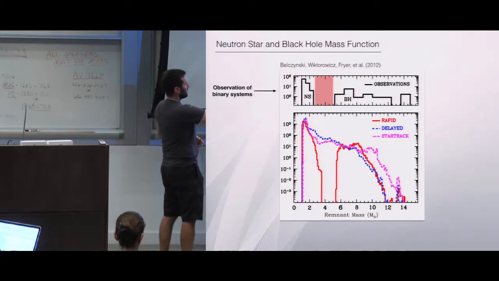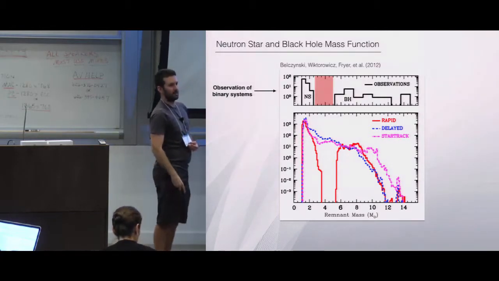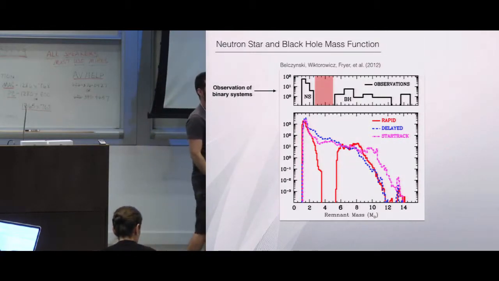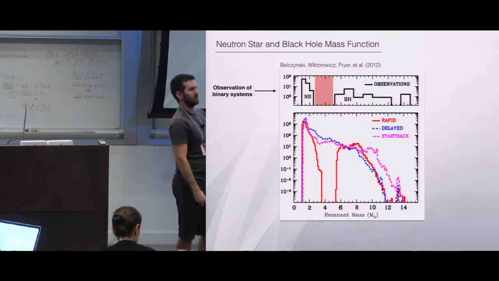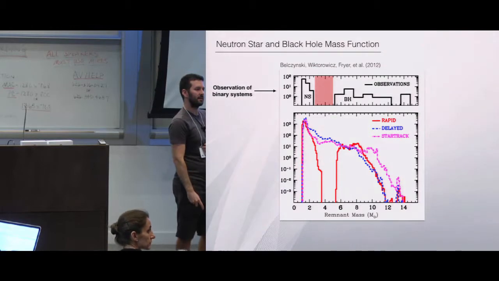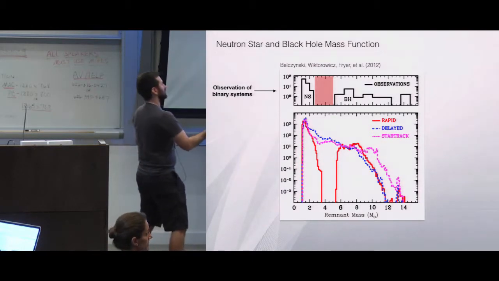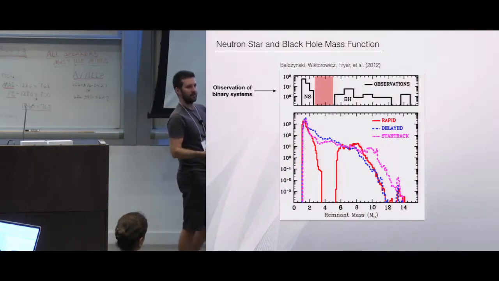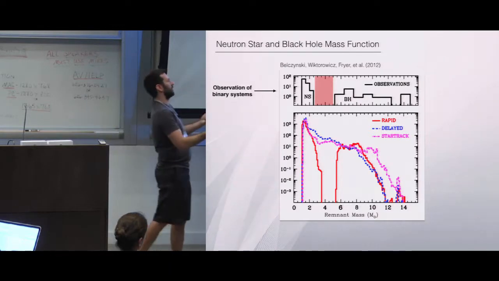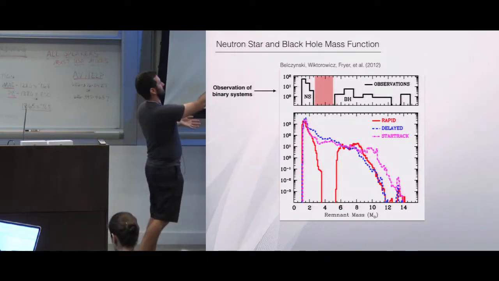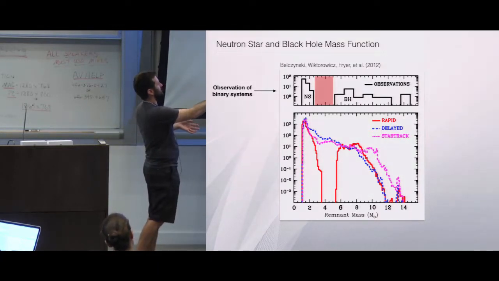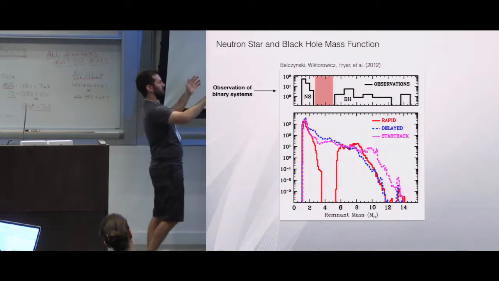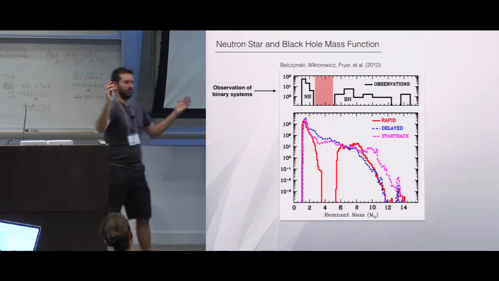Okay, so this mass is just lost during the birth of the neutron star or black hole? Is it just lost during the birth of the black hole? Oh no, it's just never formed. You're always either forming a neutron star with these masses, or for some reason you just form big black holes.